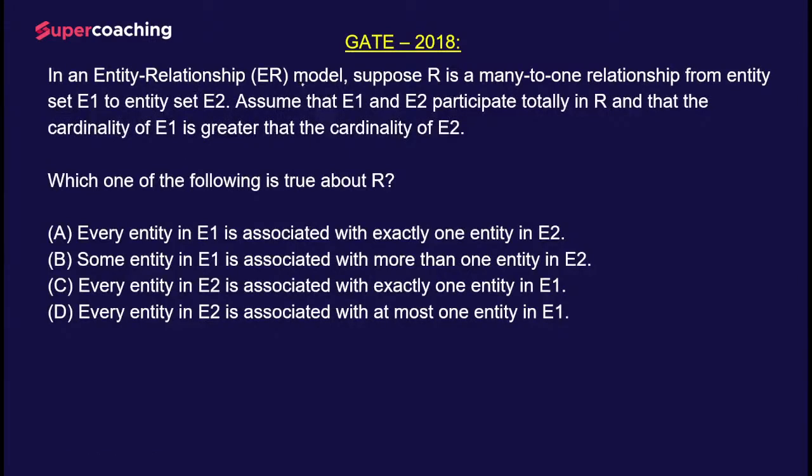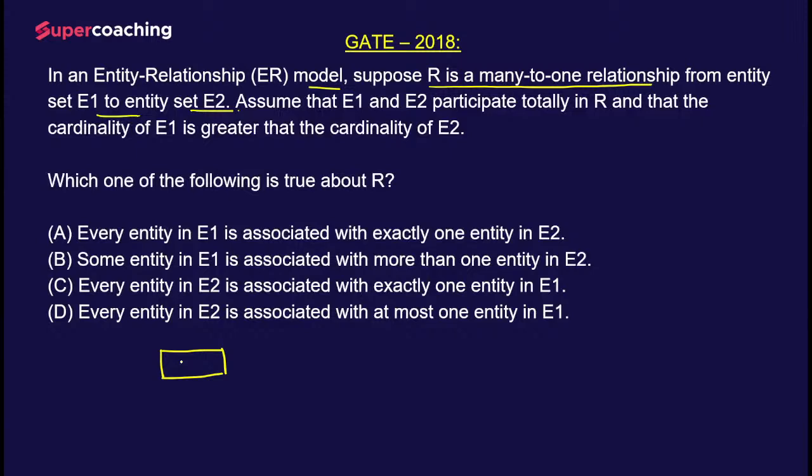In an entity relationship model, suppose R is a many-to-one relationship from the entity set E1 to entity set E2. As soon as you are given any description, immediately construct a diagram that will help you better understand it.